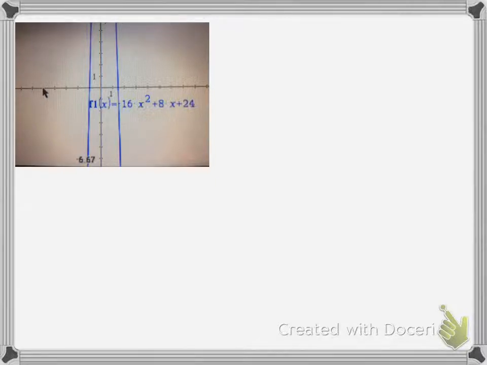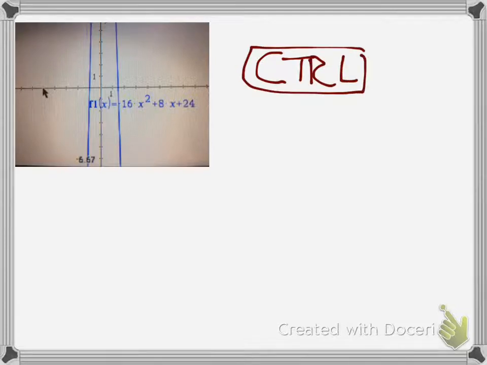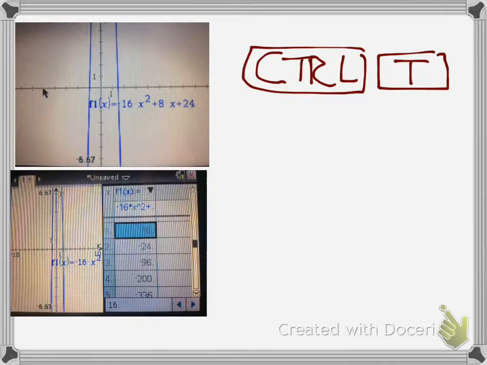If we wanted to find different points on that graph, what we can do is press Control T. And if you don't remember Control T, you can always go to menu and look for something there. So press Control T, and then what you should see on your screen is this. Wow, that came out a little grainy. But anyway, you can now see the table, and you can go up or down by just pressing up or down to find points on the table.